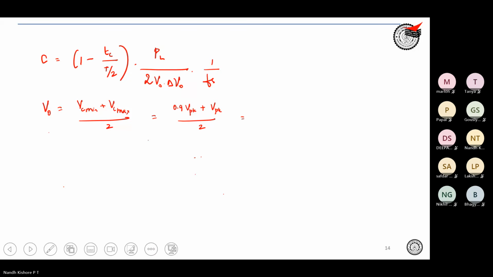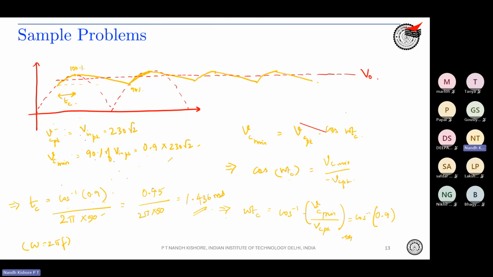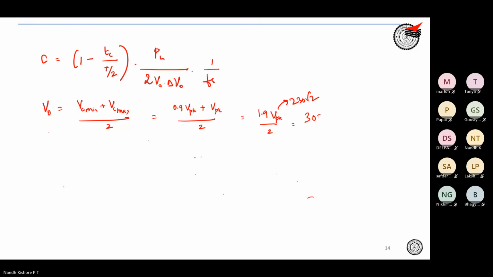So you get 1.9 into 230 root 2 by 2, which is 309 volts. So V naught is 309 volts.